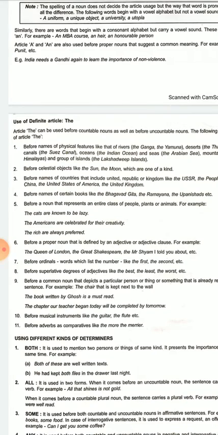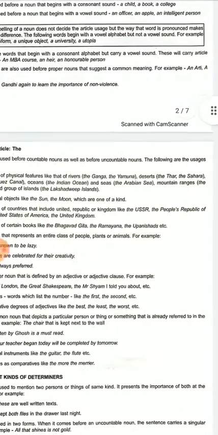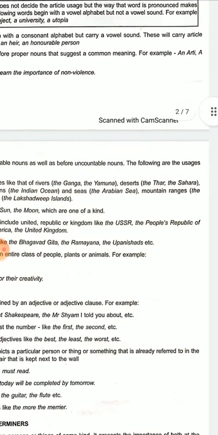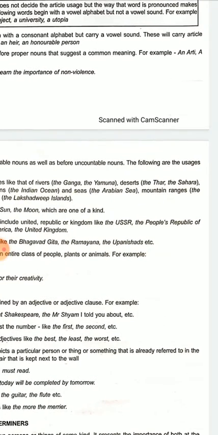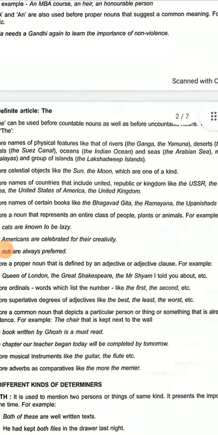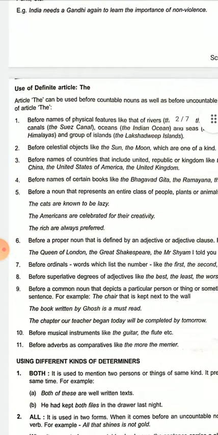Before names of physical features like rivers: the Ganga, the Yamuna; deserts: the Thar, the Sahara; canals: the Suez Canal; oceans: the Indian Ocean, etc. The article comes before celestial objects like the sun, the moon, which are one of a kind.